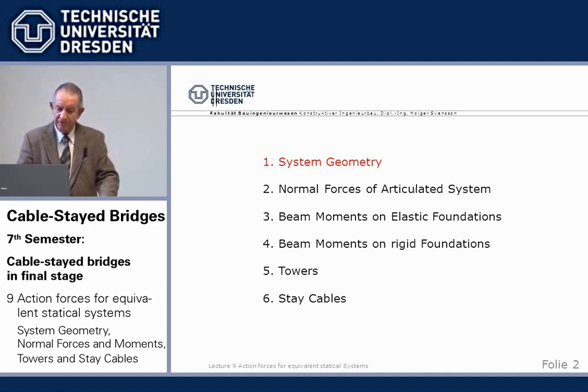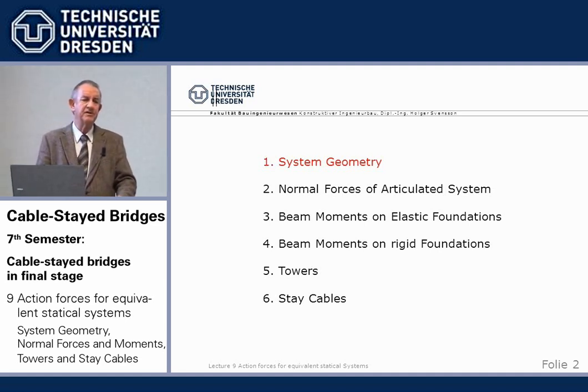We will, in the first lecture, deal with how to determine the system geometry, span length, tower height. Then we will calculate the normal forces on an equivalent articulated system. We will then calculate life load moments for a beam on elastic foundations.